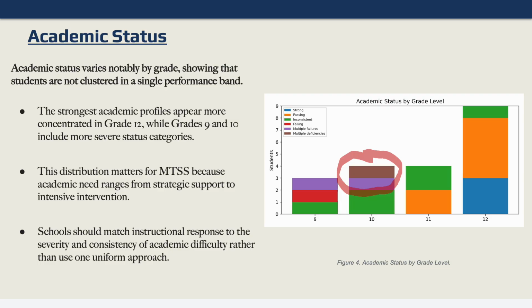So if leaders and teachers can tackle the reasons why there are multiple deficiencies here or multiple failures, you can definitely have an impact in the overall scores of your entire student population. So if I were a leader, I would definitely dig into the issues and the needs of these students. Again, though they are small numbers, they make a huge impact.